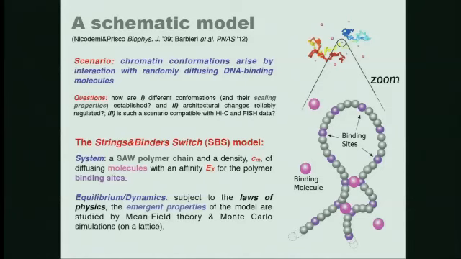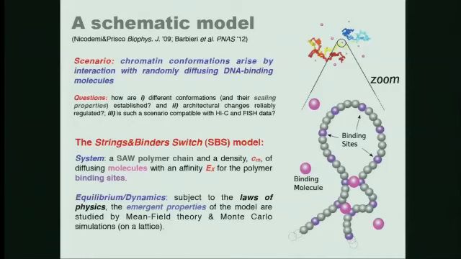Well, our starting point was a known idea, an even obvious consideration. Chromatin organization, chromatin conformation, must be shaped by the interactions of chromatin. And chromatin interacts with the nuclear envelope, with nuclear bodies, and of course with transcription factors, with molecules, as I've already said.